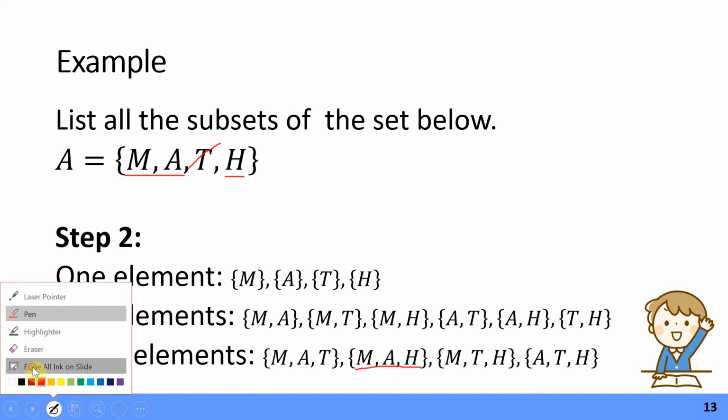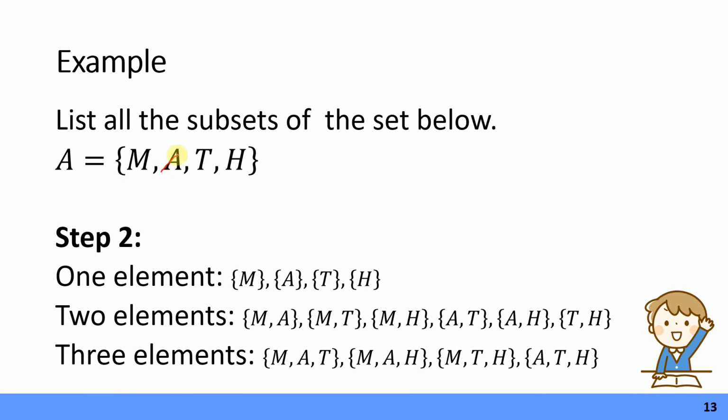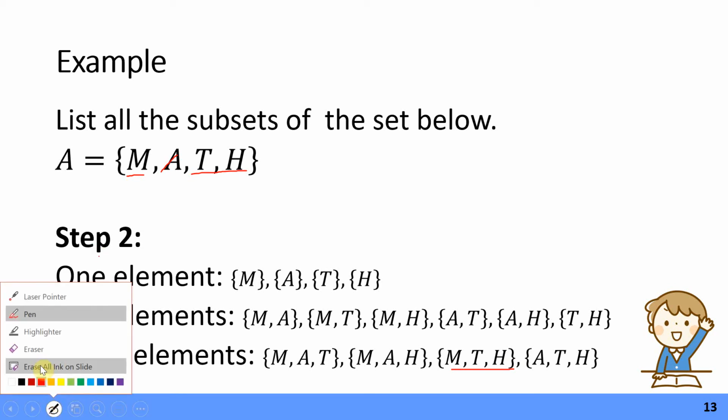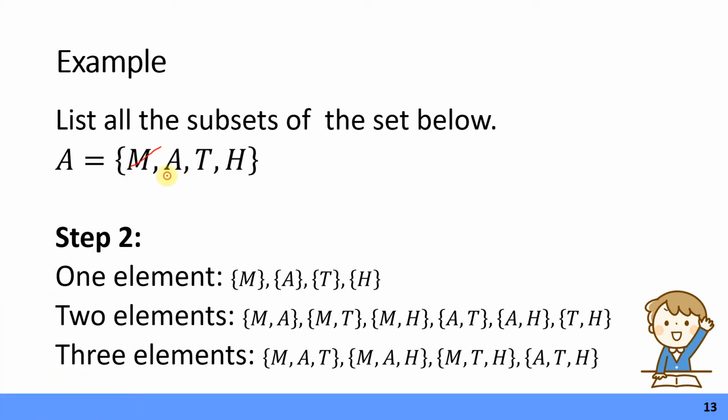Now, I'm going to ignore the A, just like I did with the T, and I'm going to pair up the M with the last 2. That gives me M-T-H. And then the last one, I'm going to completely ignore the M, and I'm just going to pair up the last 3. So those get a chance to be without the M. And that gives me the possible combinations with 3.